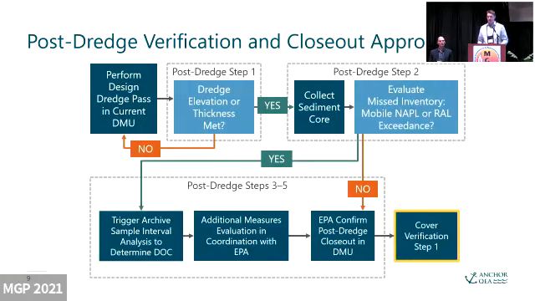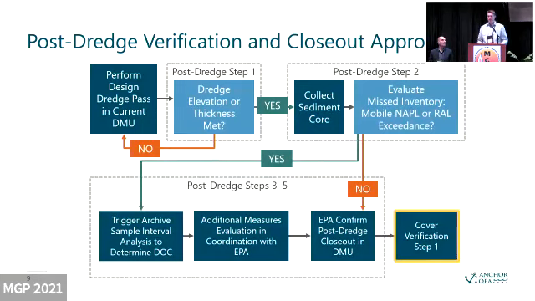However, if we do find in our post-dredge confirmation coring that we do have either NAPL or a RAL exceedance, then we'll go further and make sure that we have appropriately laterally and vertically defined what that contamination looks like, where the missed inventories actually are. And then once we know that, we'll do an additional measure to address those missed inventory.